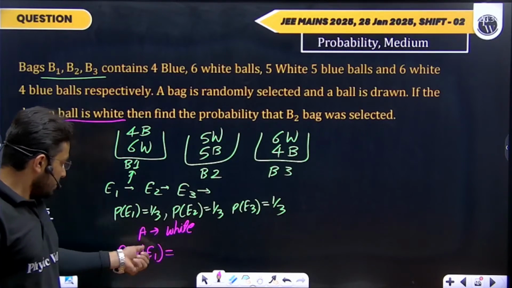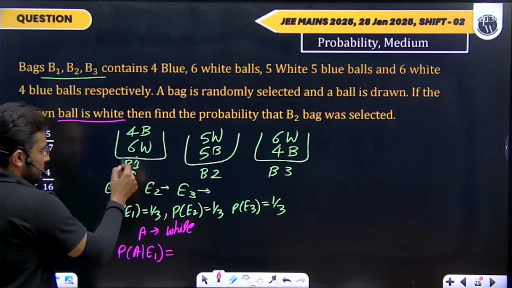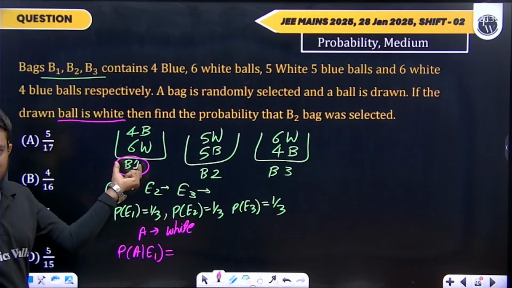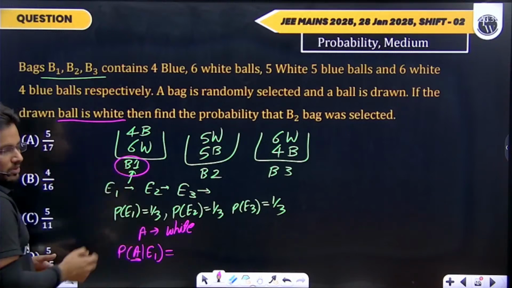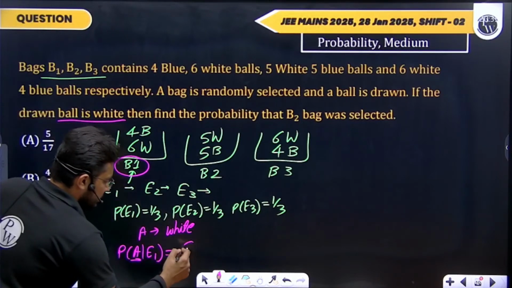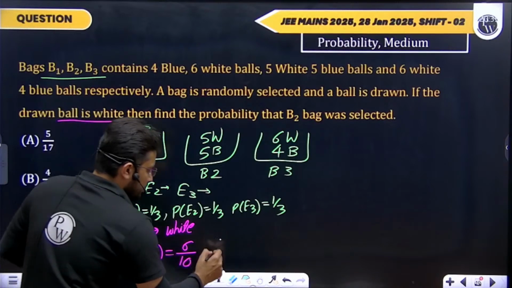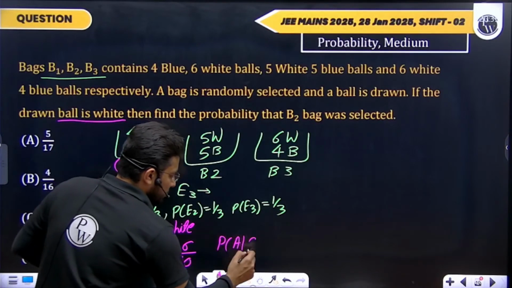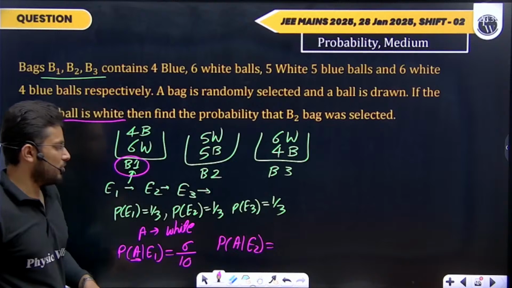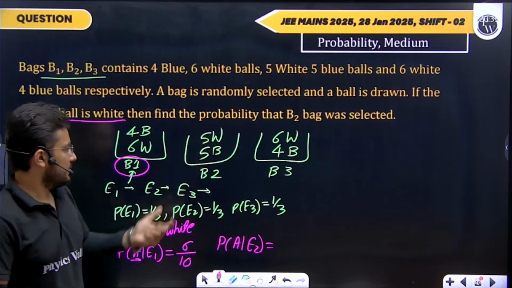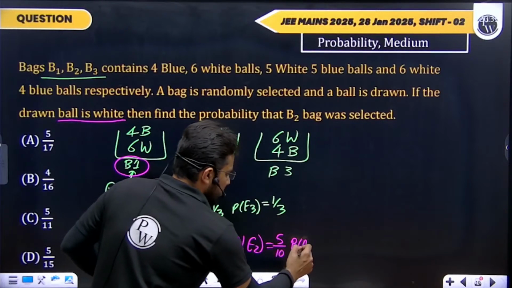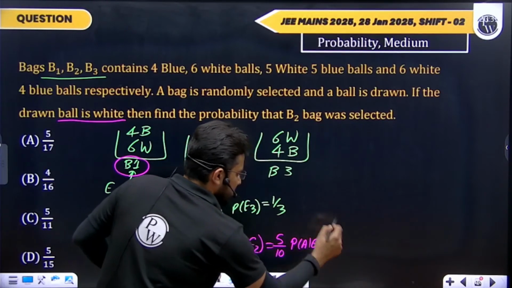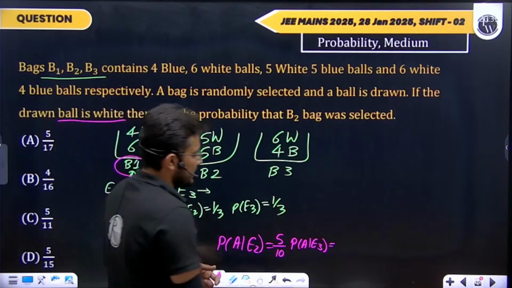So E1 has already occurred, that means we have selected bag 1, and in bag 1 the probability of a white ball will be 6 by 10. P of A given E2 means probability of a white ball in the second bag, that will be 5 by 10, and P of A given E3 will be 6 by 10.